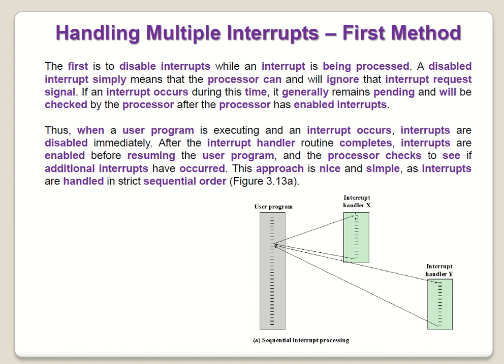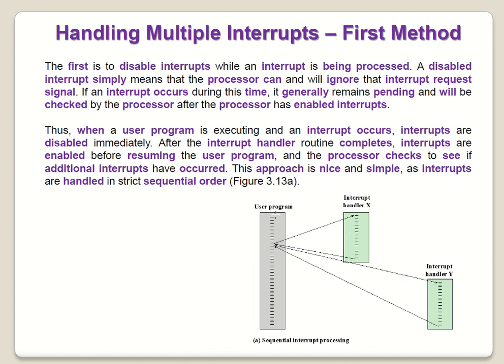The CPU completes the handler and resumes the user program. The time it resumes the user program, device Y can send the request because it's now enabled. While the CPU is executing the user program, interrupts are enabled. While the CPU is serving the handler, interrupts are disabled.